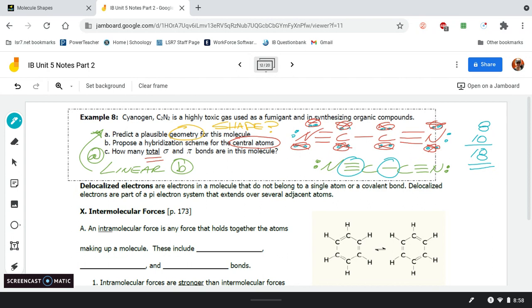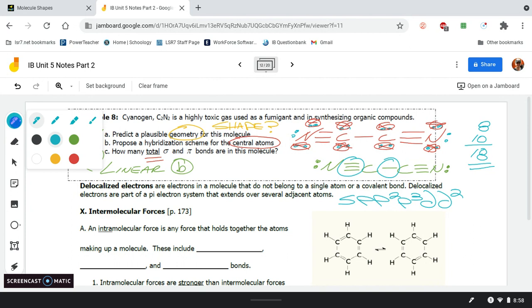You're looking at how many sides of your atom have something attached. So it has 2 attachments, right? So for the hybridization scheme, we'd go S, P1, P2, P3, D1, D2. So if I'm only going over 2 spots, the hybridization scheme would be SP.